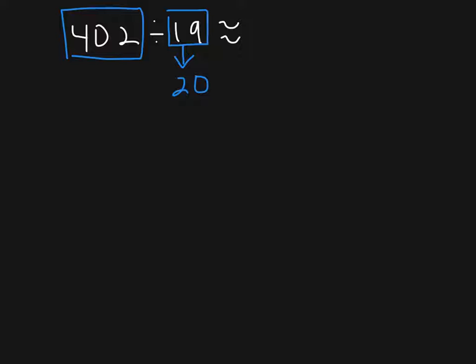And so I want to round that 402 to something that is going to be compatible with 20. And this one's pretty straightforward. I'm just going to round it to 400 because what I have now is basically the fact 4 divided by 2, although it's 400s divided by 2 tens, but it will be easy for us to figure out what that is.